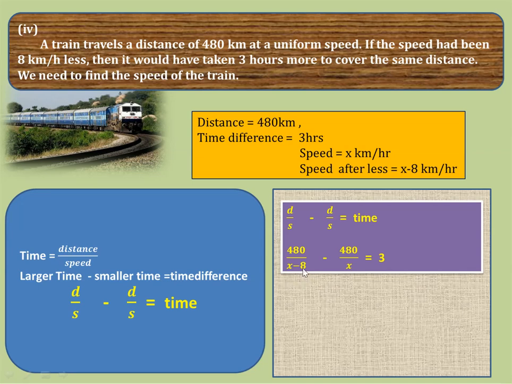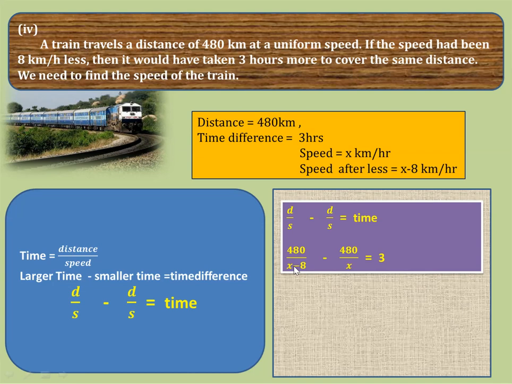But here you should remember x minus 8 is a smaller number than the x. It means that 480 divided by x minus 8 is larger than 480 divided by x. Why this one?